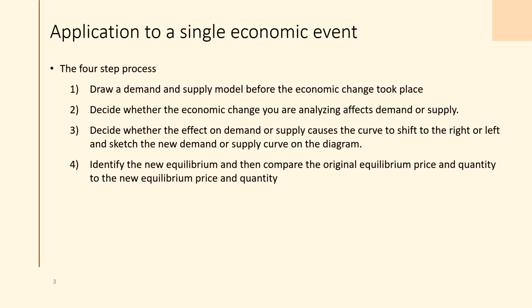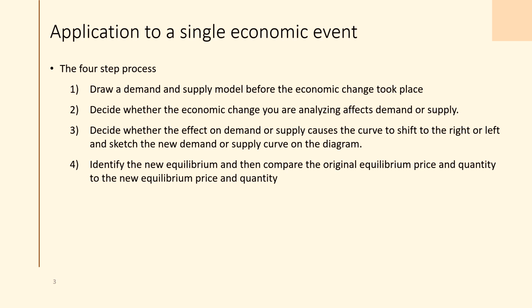To analyze any economic event, we follow a structured four-step process. First, we draw the initial demand and supply diagram before the change occurs. Second, we determine whether the event affects demand or supply.